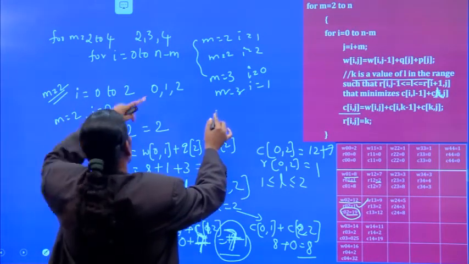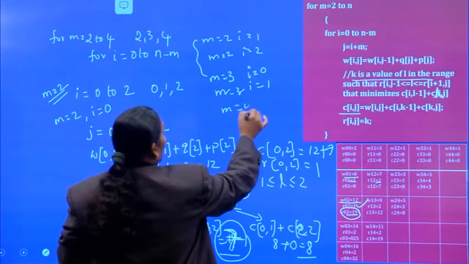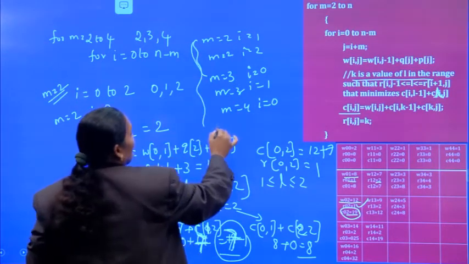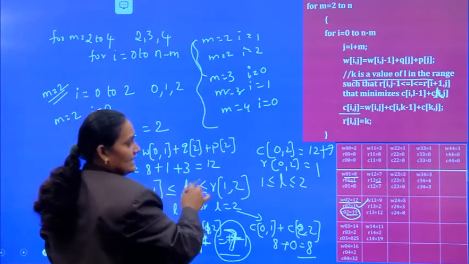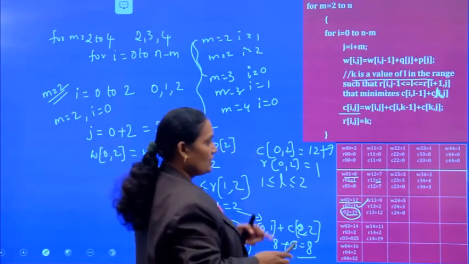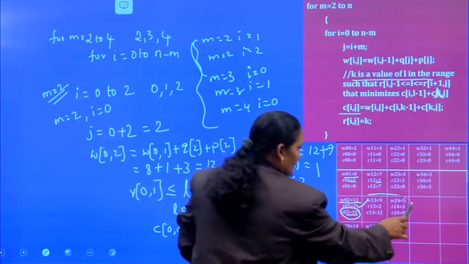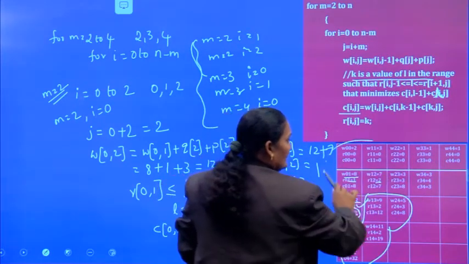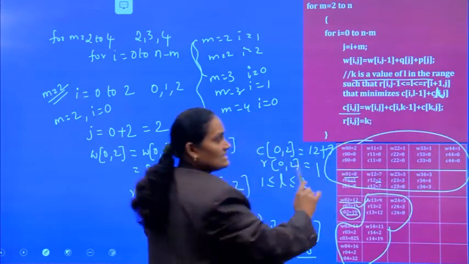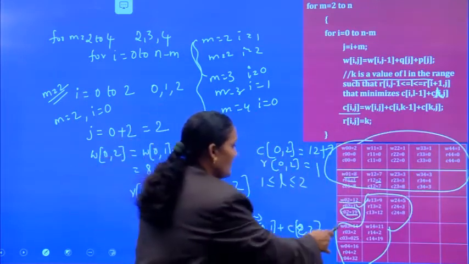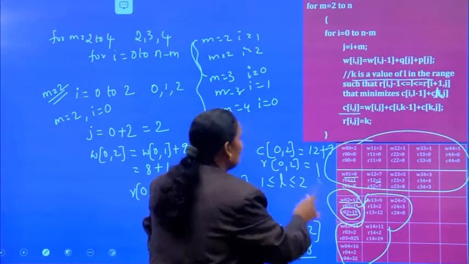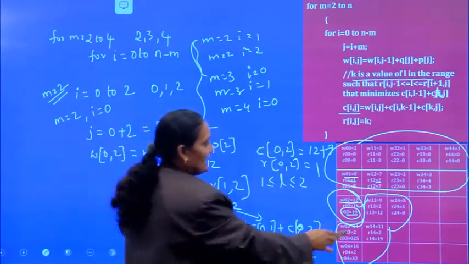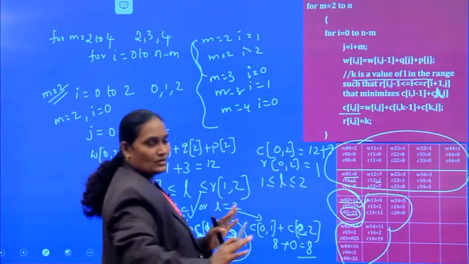Next if you take m is equal to 4, in that case you will get m is equal to 4, I is equal to 0. So you are getting how many cases? 5 cases. In each of these 5 cases you are going to calculate the remaining 5 values. Here I already calculated all these values in the first for loop, and now I calculated this value with the remaining cases. By following the same procedure you can calculate all these values.